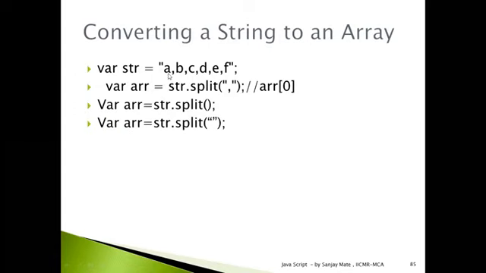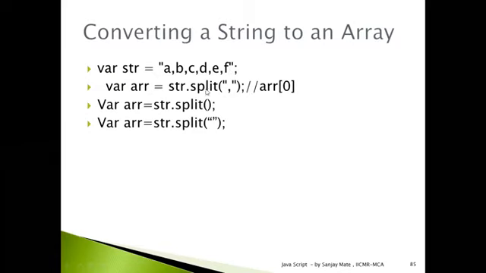You want to store a in a[0], b in a[1], then a[2], a[3], like this. So you want to separate this string with the comma, so provide the comma here. Due to this, all these strings, a[0] to a[5], will be stored.